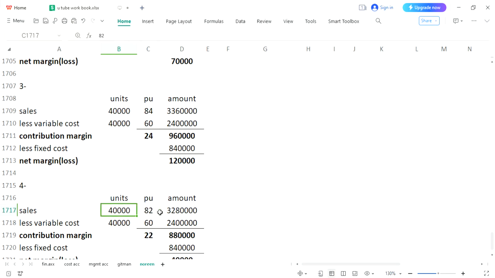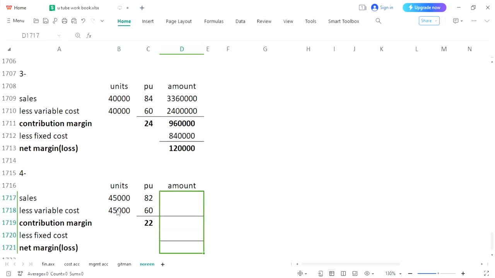With this decrease, our units would increase by 5,000. Right now we were on 40,000, so it would be 45,000. In this way, our new proportion has been created.